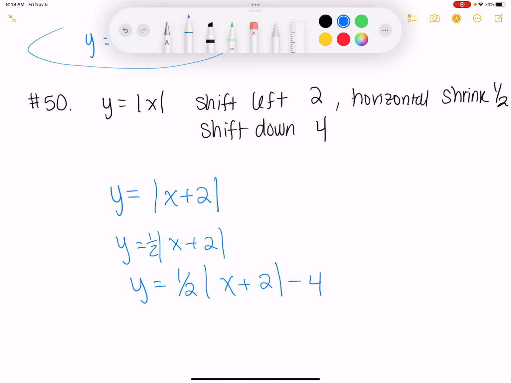Technically, the way that it's written, if you don't modify the problem to do it how we did it this way, it's supposed to be x over 1/2 plus 2 minus 4, which would give you 2x plus 2 minus 4, technically.